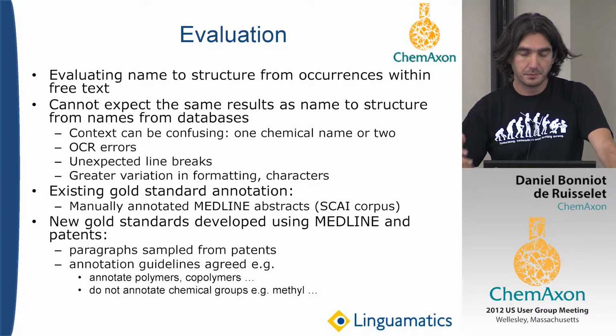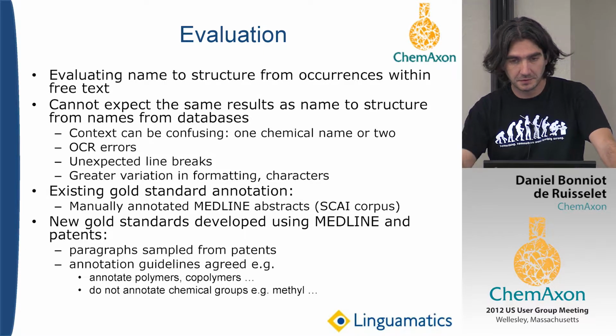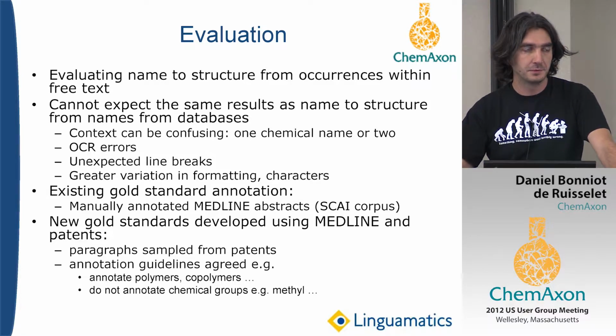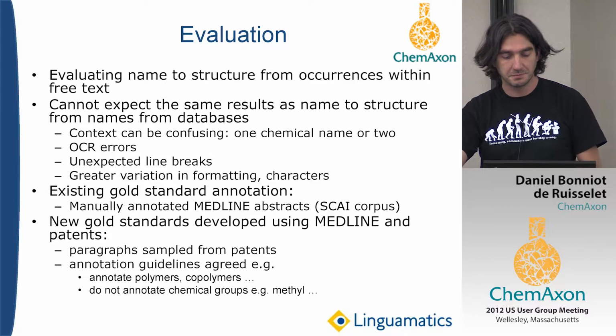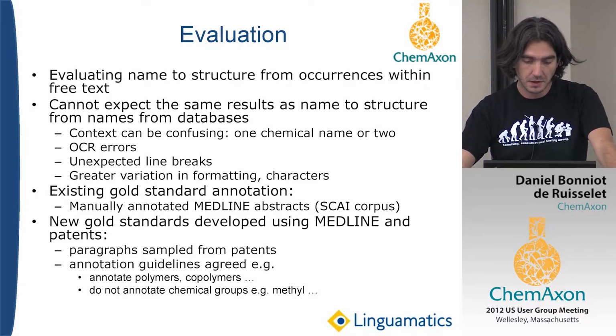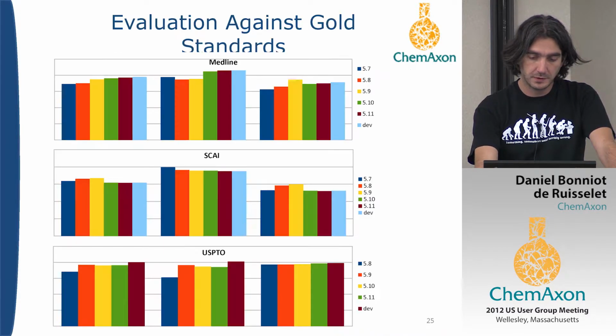So we took random paragraphs from a patent, and we asked chemists to say where the names are in this text. When you start to do this, there's quite a lot of work in agreeing what exactly we want to annotate. Do we want to annotate the polymers or not? The chemical elements, the groups, so fragments of a structure. And so there is quite a lot of heavy work doing that. But this was done.